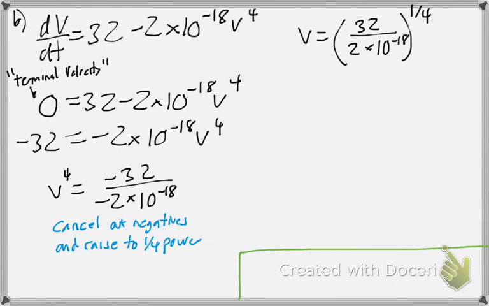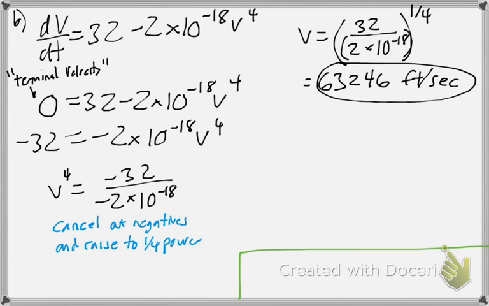And if we type that into the calculator, make sure to put parentheses around the entire thing and parentheses around the denominator. So we will get 63,246, and this will be feet per second. And that'll be our answer.